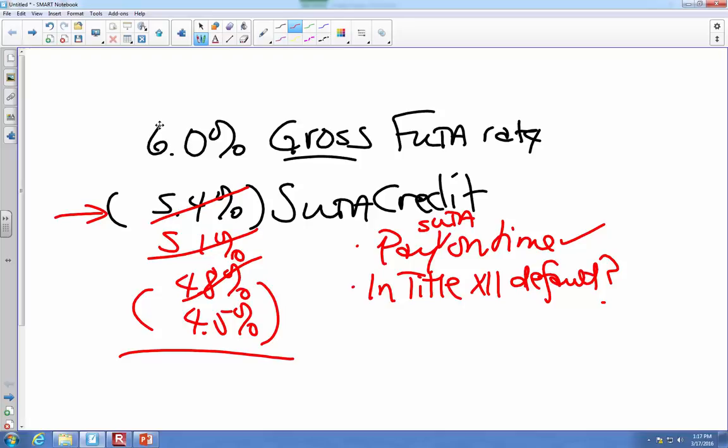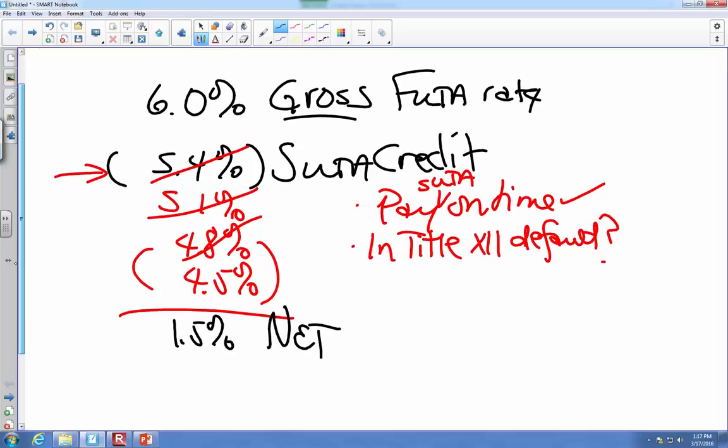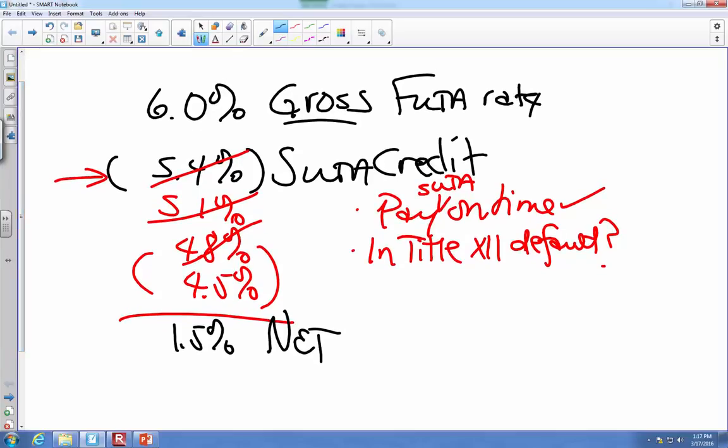So for every year you're in default, essentially I'm changing my net FUTA tax rate. It's not 0.6 anymore, is it? It's 1.5. This is called net. So really, up until now, all you guys knew was the 0.6% and $7,000, and that was hunky-dory.